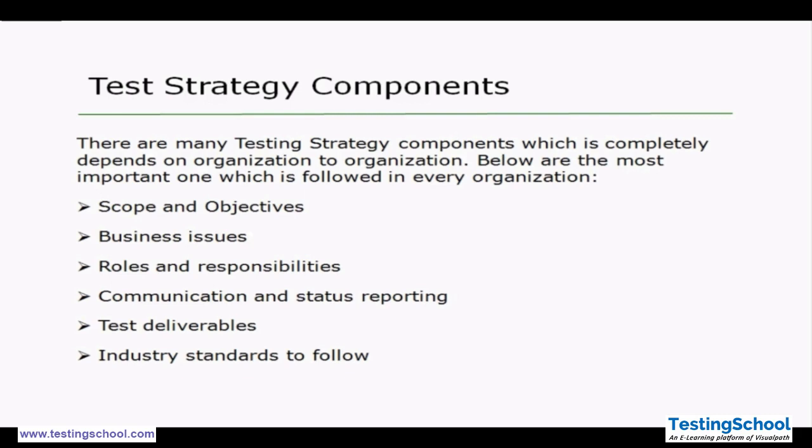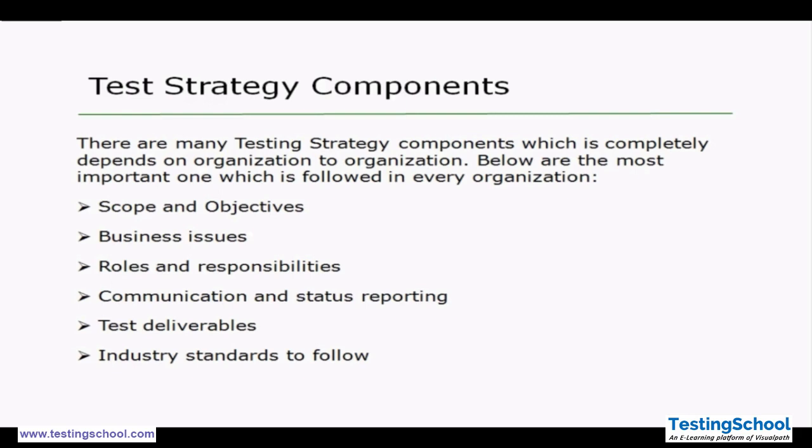The communication and the status reporting tool, like how you are going to communicate with the client, like through mail, through phone, through chat, how you follow up with your client.